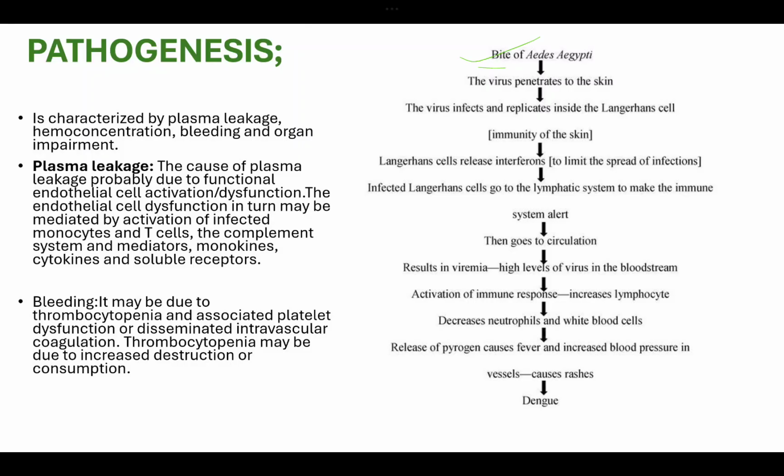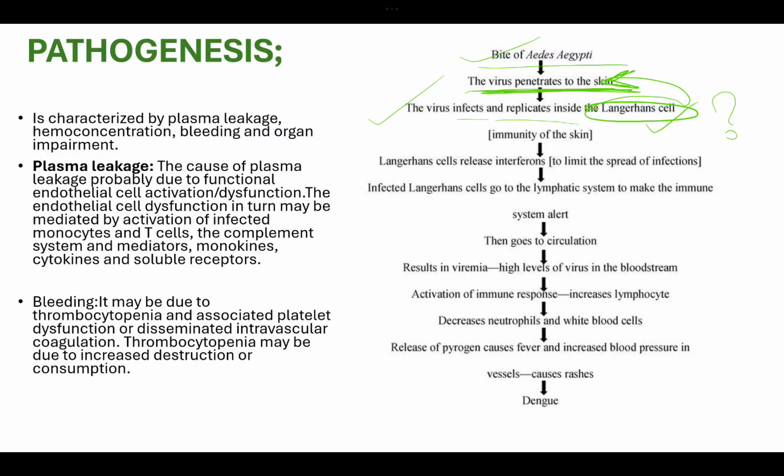With the bite of the Aedes aegypti mosquito, the virus penetrates into the skin. The Langerhans cells were supposed to protect us. Now what has the virus done? It is using these Langerhans cells to enter into the bloodstream. How? The virus infects them and replicates inside the Langerhans cells.